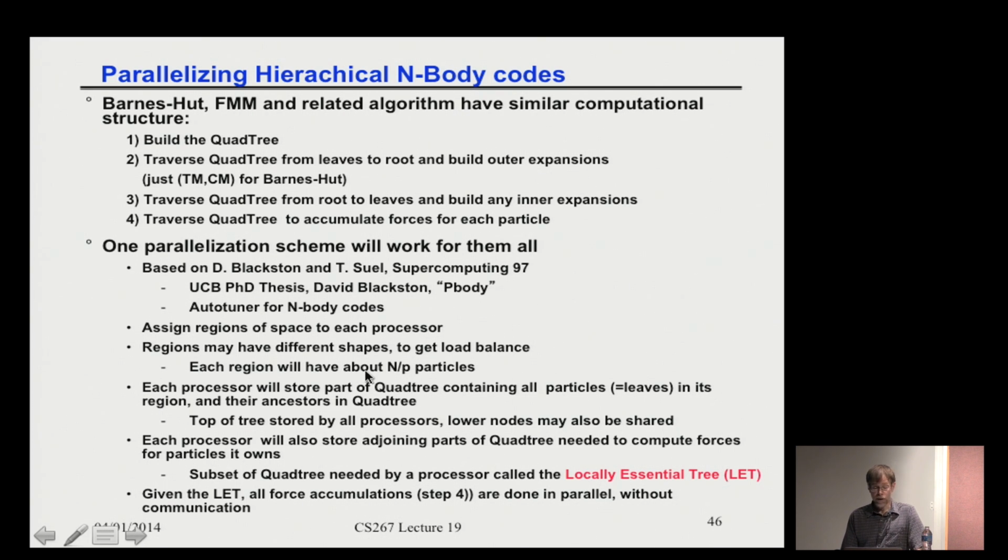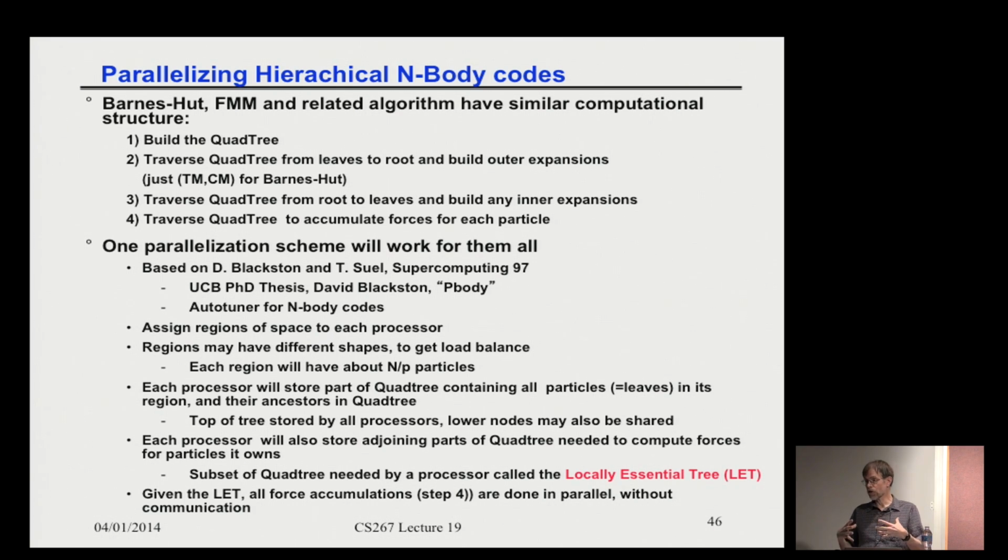But when we're done, the whole point is that each of those regions should have about the same amount of work to do, so about the same number of particles. There are different ways of doing the load balancing, but that's the easiest way to think about it. Each processor then is going to store the leaves of the quadtree for the particles it owns. But it's going to spend a lot of time traversing the tree to do all of the force computations.